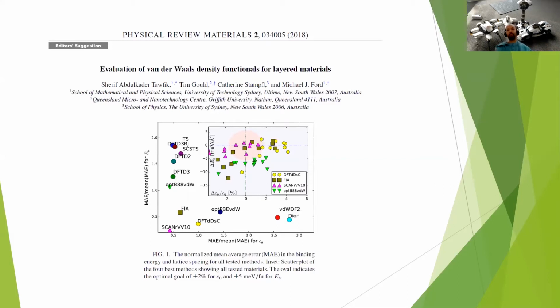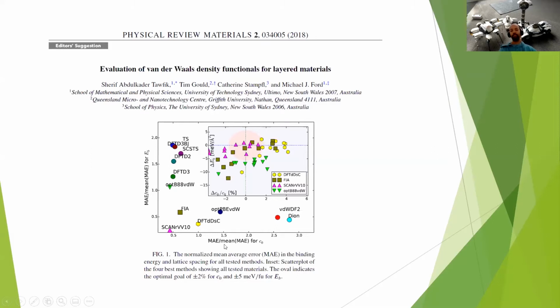People have been searching for a method that can achieve accuracy in both the energy and the distance, the length and the energy quantity. Now look at this plot here in this paper. Along the y-axis is the mean absolute error for determining the binding energy, the cohesive energy between the layers, and along the other axis is the mean absolute error for determining the interlayer distance, right?